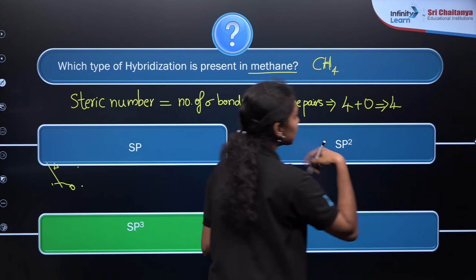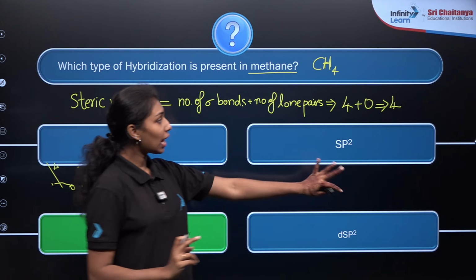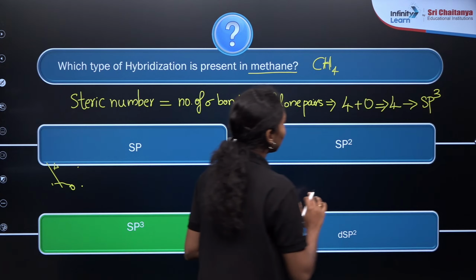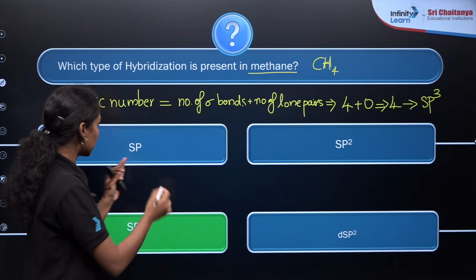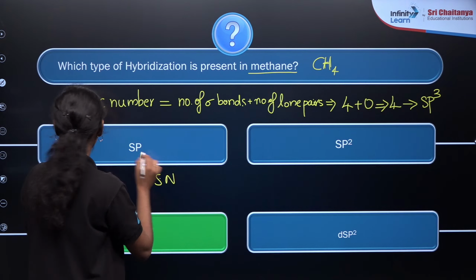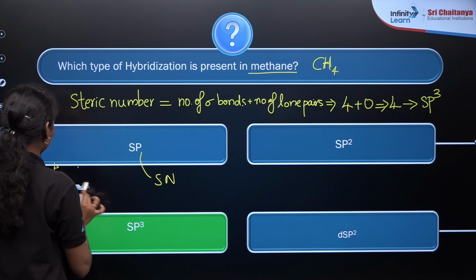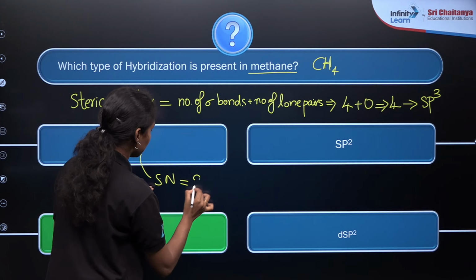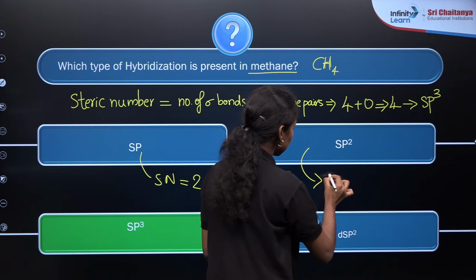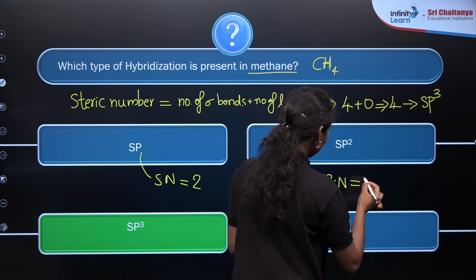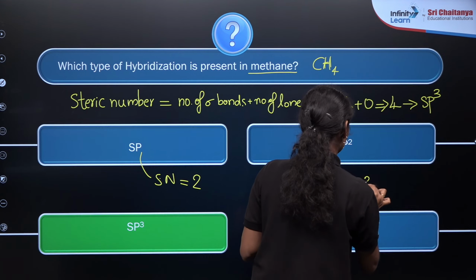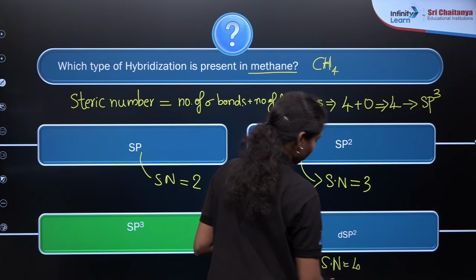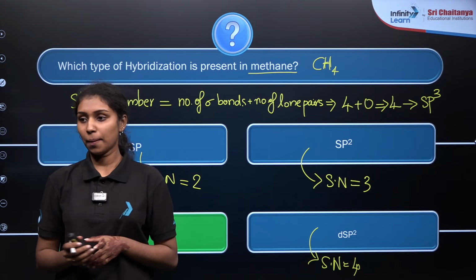If the steric number is equal to 4, the hybridization will be sp3. Similarly, for sp hybridization, steric number is equal to 2, for sp2 hybridization, steric number is equal to 3, and for dsp2, steric number is equal to 4 again. Clear?